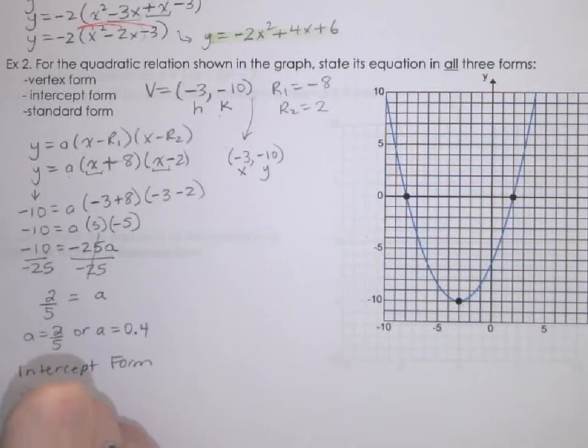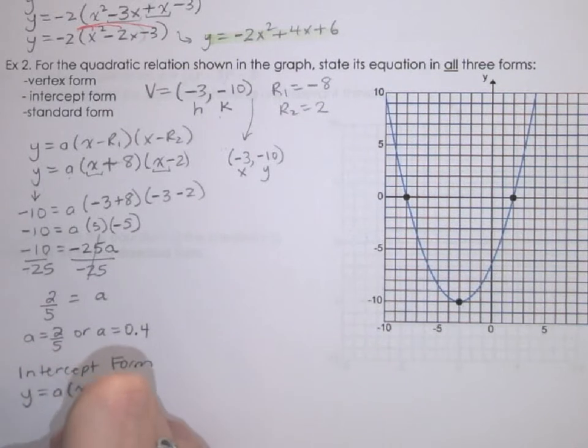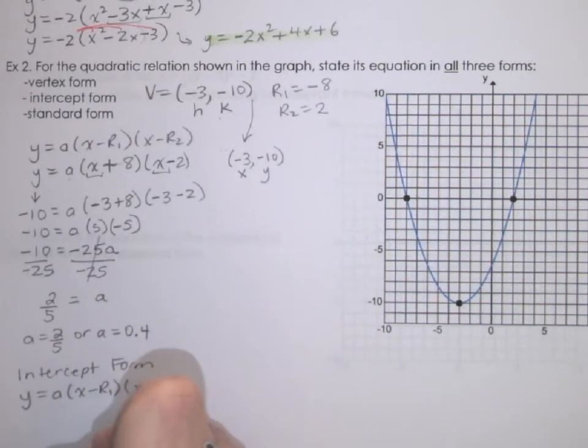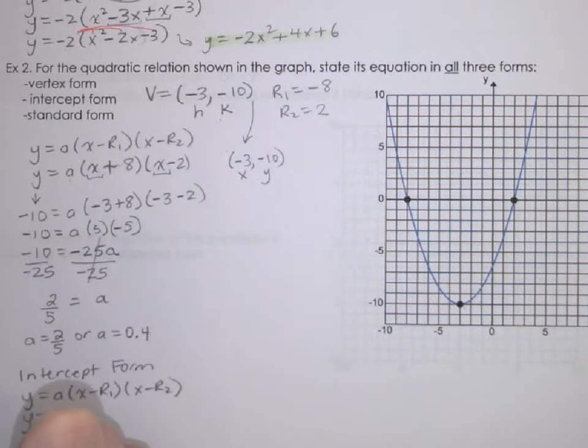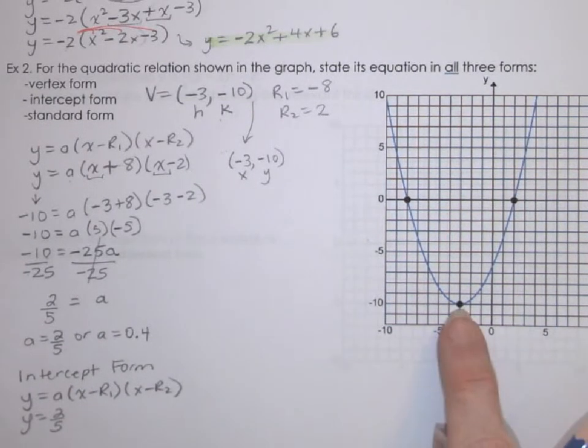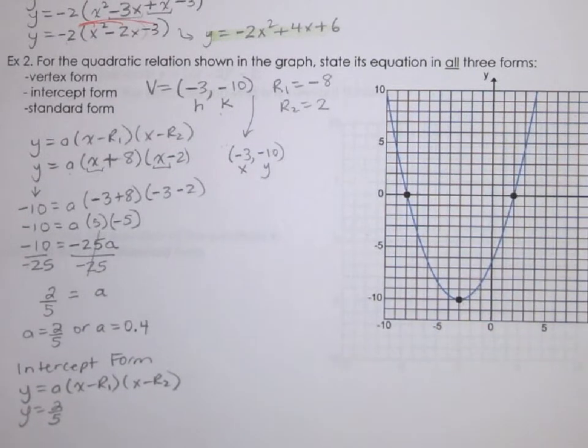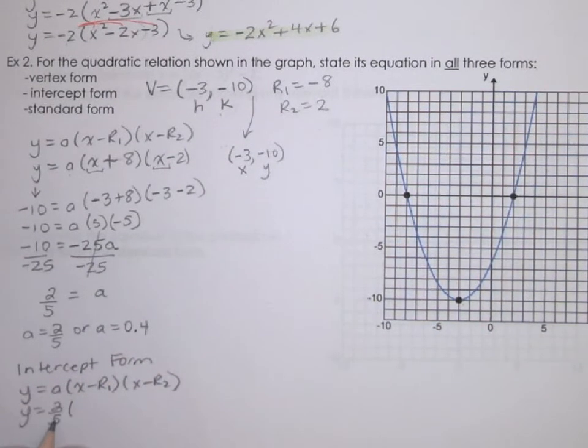We know it follows this general format, and then we can just substitute in, now that we know the value of a. It makes sense for it to be positive, and it makes sense for it to be smaller than a half. So 2/5, or 0.4, is smaller than 0.5. I could have put 0.4 here because it's exact. That would have been fine as well.